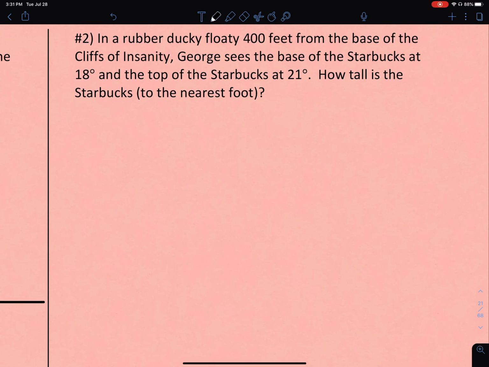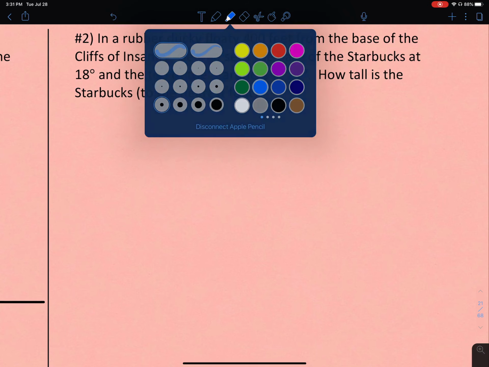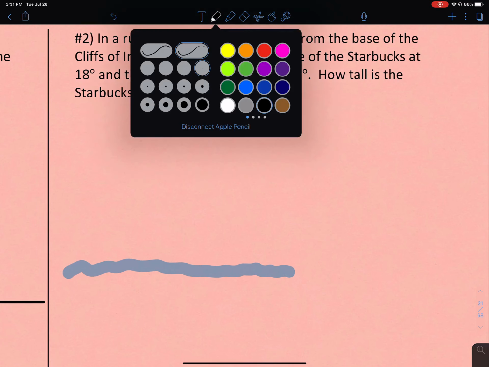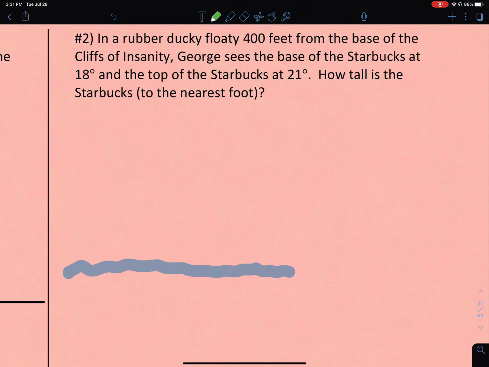All right, so we need some water. We need a rubber ducky.